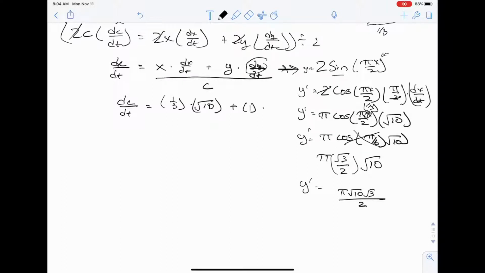Now we can plug this back into the equation right here. So let me erase this. So that's enough room. Okay.